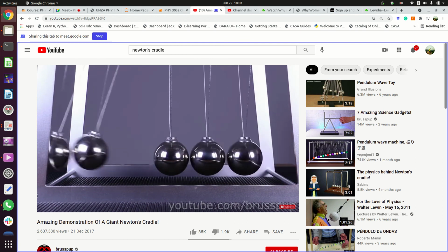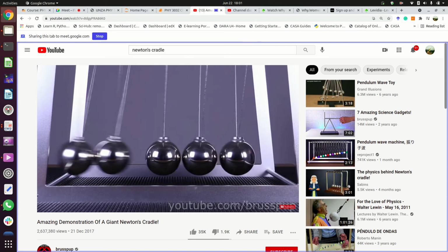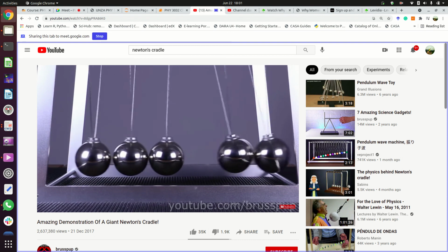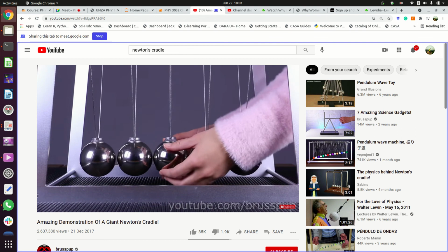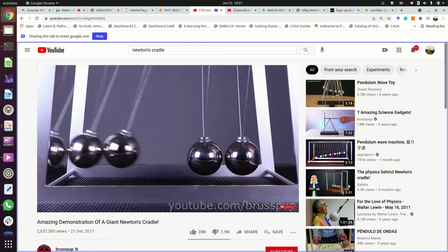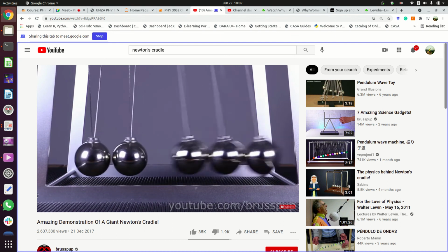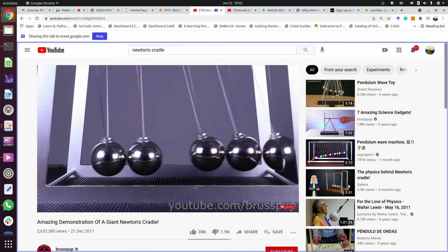You start with 2, 1, then 2, like that. As you can see, this thing is only possible because the balls are identical. So there has to be a requirement that the balls should be identical. And that's what you see there.